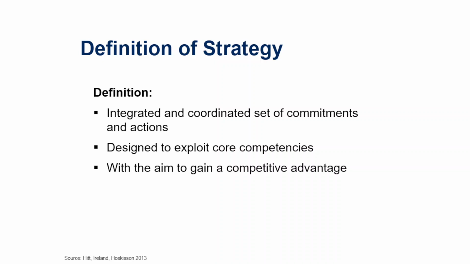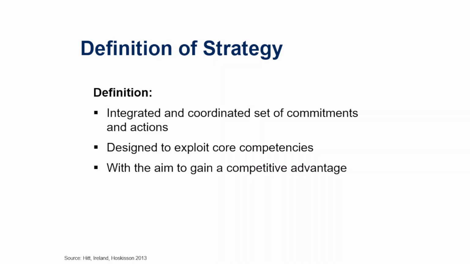So there are really three parts to this definition. And if you allow me to take them apart briefly. The first part is a set of commitments and actions, and that is nothing else but a plan. So a strategy is a plan. Integrated and coordinated here means that the plan must be integrated across all the functions of a company and also coordinated across all the different departments of a company.